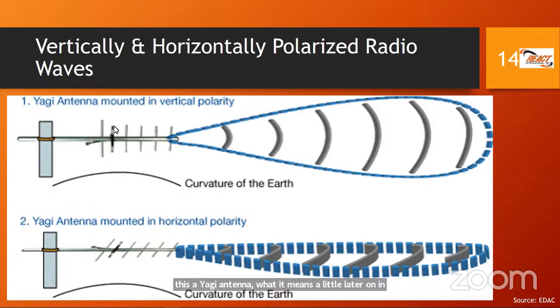But if we were to just note that this is an antenna that is sending out a signal, a radio wave from it, the polarization, how this antenna is physically mounted, where the elements are top down, means that the antenna is vertically polarized. And it also means that the signal, the radio frequency signal that will be leaving it when we transmit, we use our radio and we transmit into this antenna, will be vertically polarized as well.